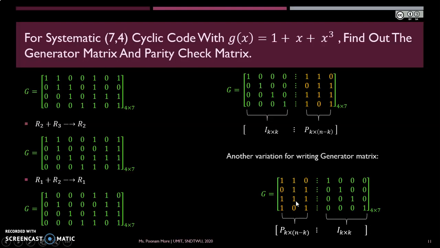Therefore if you multiply your message bits with this matrix, the resultant code will take the form such that it has the parity bits first followed by the message bits. If your code vector is of the form in which you first write your message bits followed by the parity bits, then you should opt for the other generator matrix. So we will consider this variation to move further to find our parity check matrix.